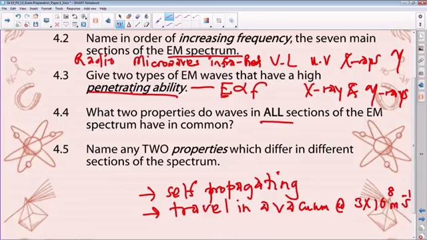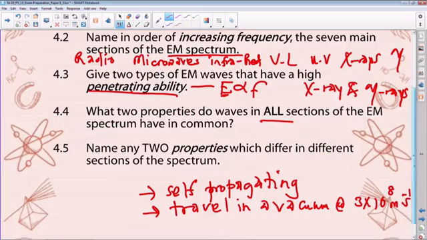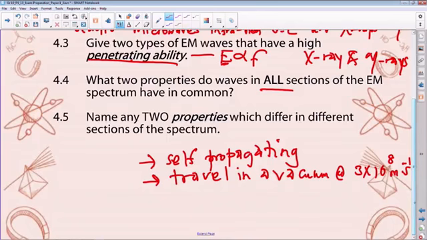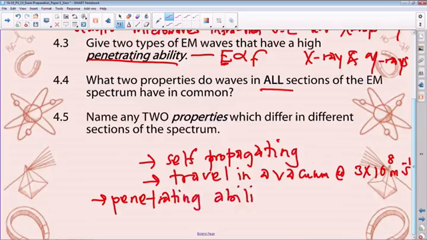Name any 2 properties which differ in the sections. There is a lot that we can say as far as the properties. We can talk about the penetrating ability, which differs, and depends on the energy, which depends on the frequency. Also we can talk about the wavelength, and the frequency of electromagnetic waves.